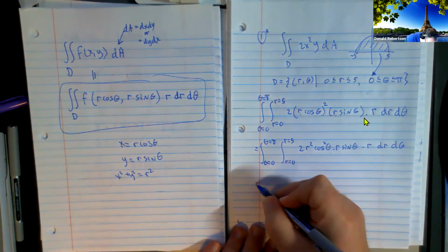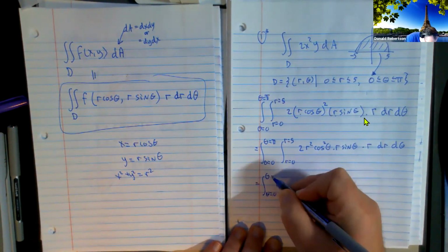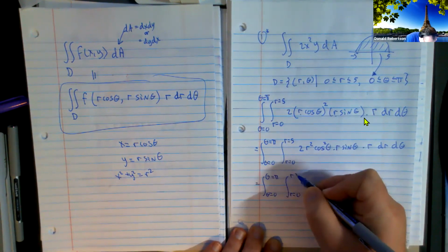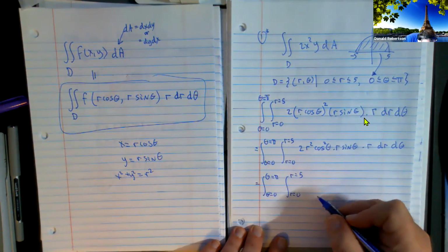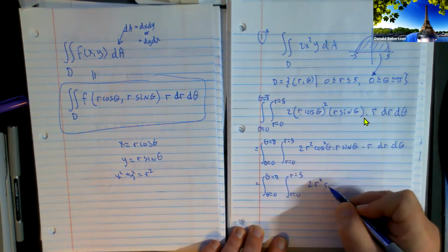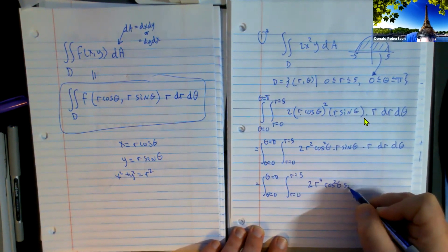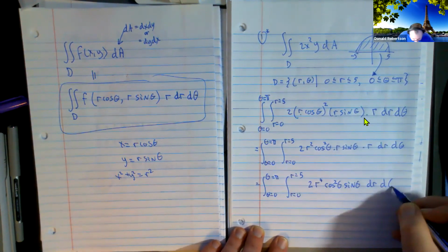I think I could still do more. One, two, three. That's 2 r to the 4 cos squared theta sine theta dr d theta.